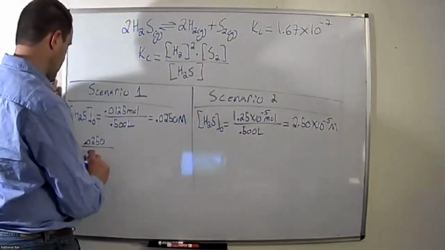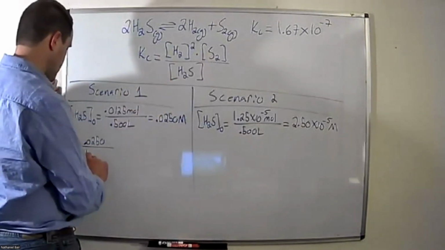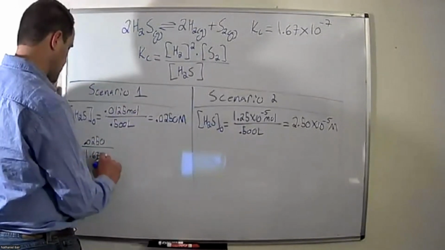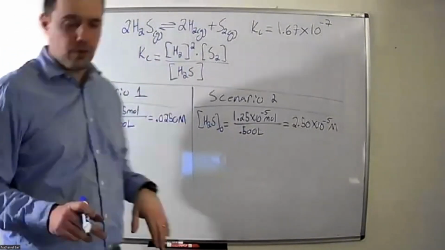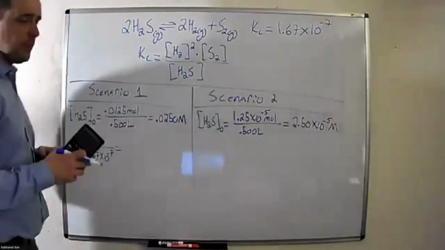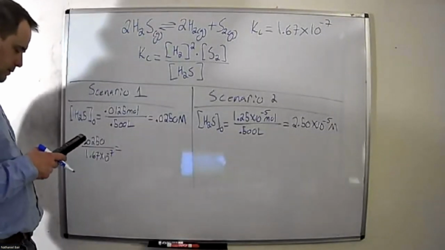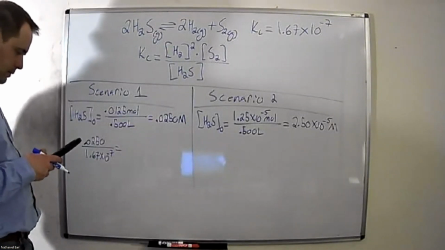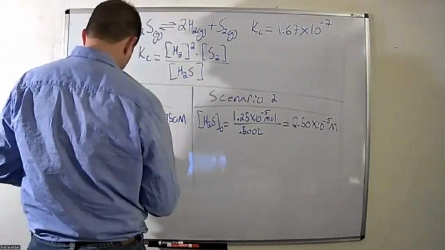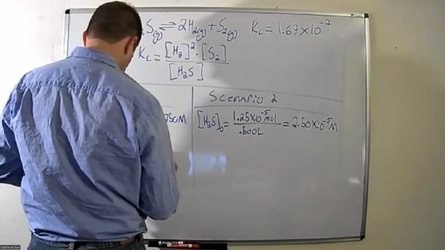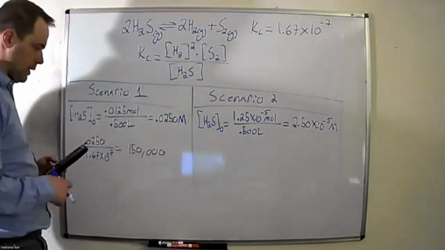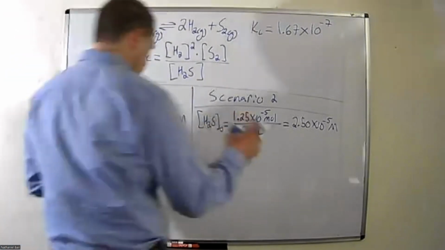So 0.0250 divided by the constant, 1.67 times 10 to the negative 7th. If we do that for scenario 1, which has more H2S in the flask, we get a big old number, 149,700, blah, blah, blah.